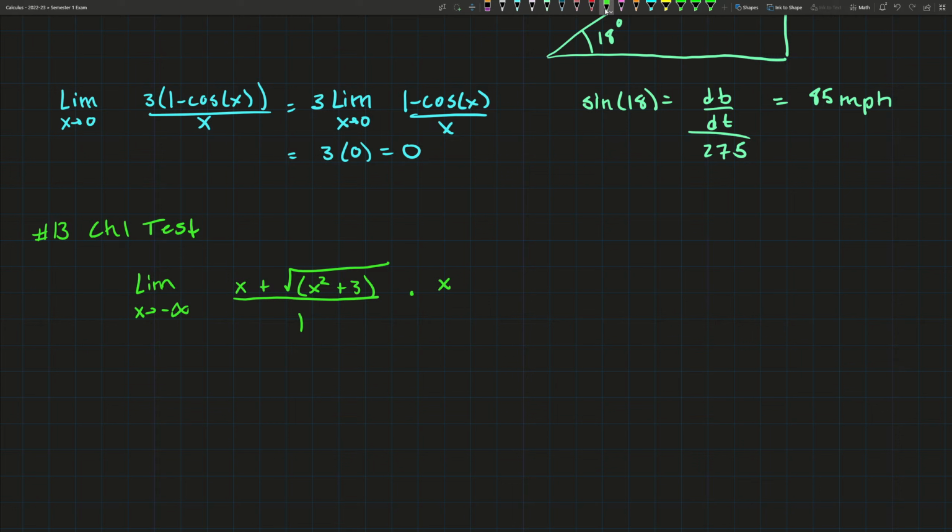So we multiply by x minus the square root of x squared plus 3 over itself.